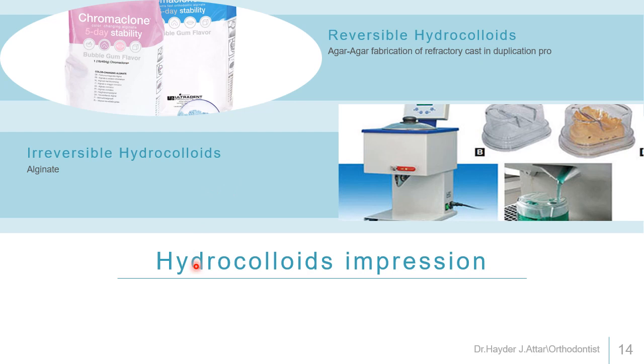The hydrocolloid impression materials are of two types: reversible hydrocolloid and irreversible hydrocolloid. The hydrocolloid depends on the reaction between the material and the water to make good mixing and good qualities.